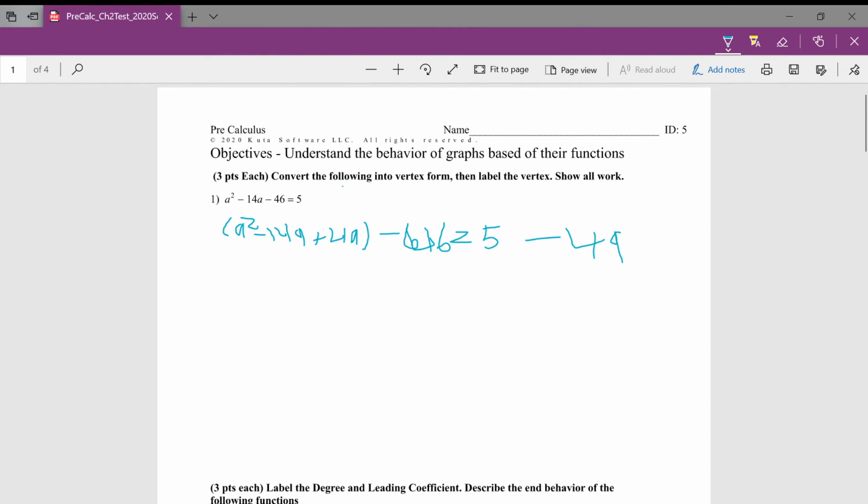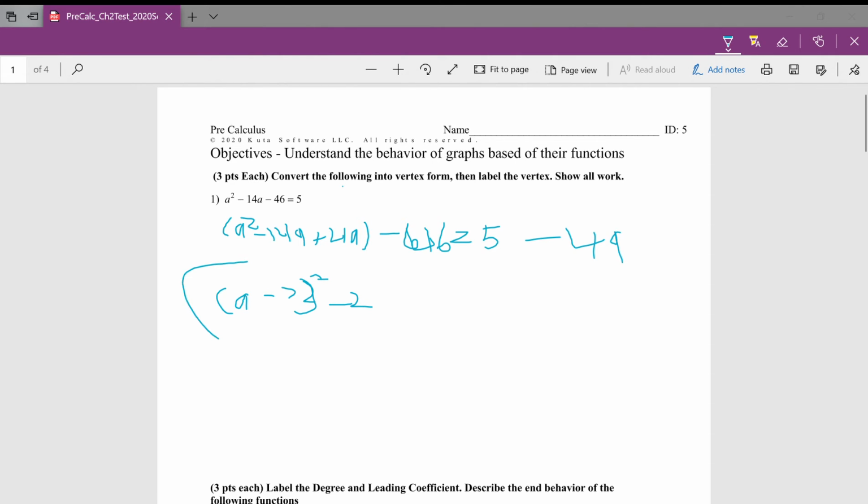Once you combine all the like terms, you can simplify the inside part. The square actually goes on the outside of the parentheses because the whole thing is squared. So (x minus 7) squared minus 2.